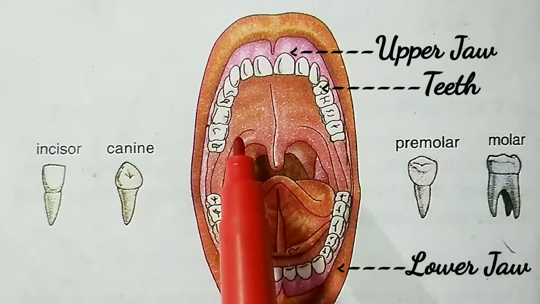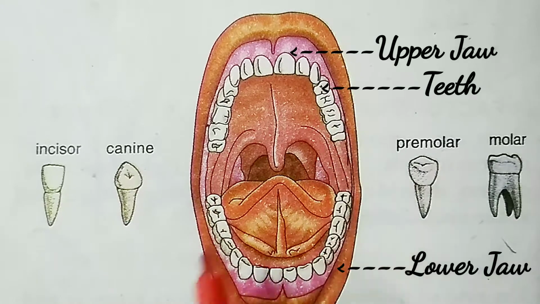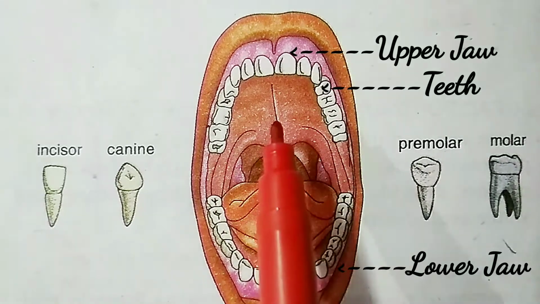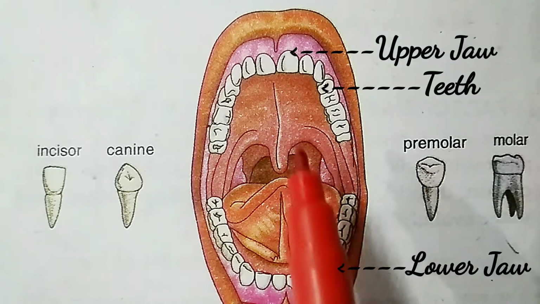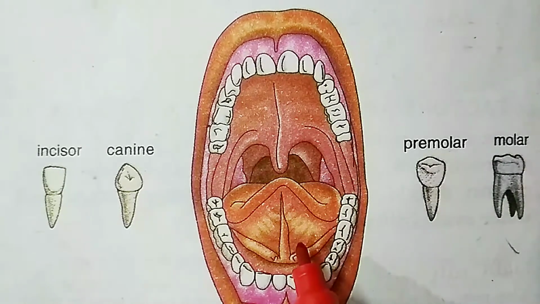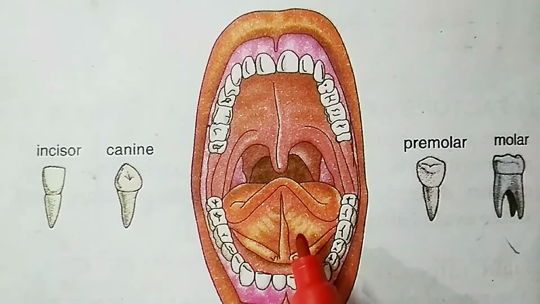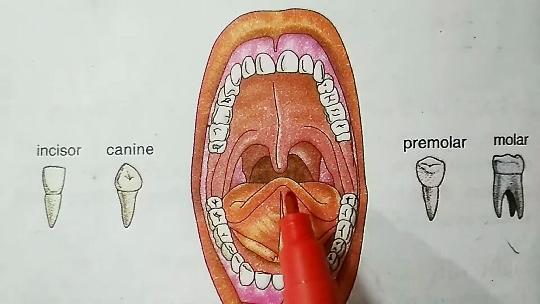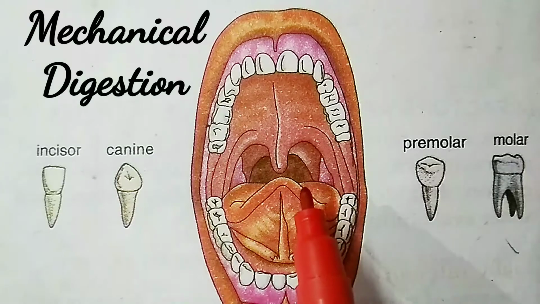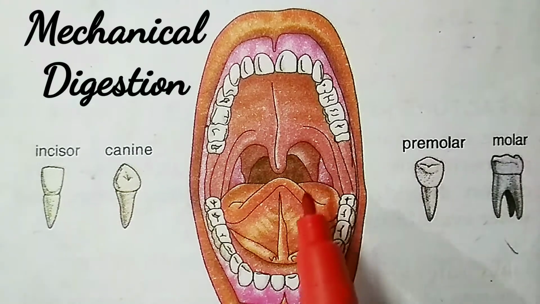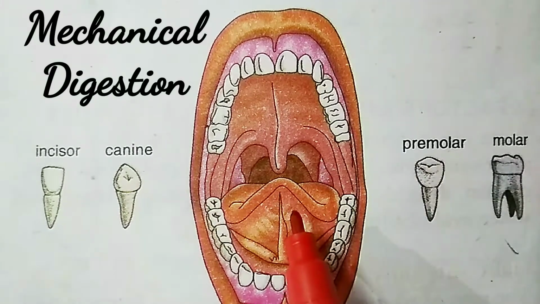In human beings, there are two jaws. This is the upper jaw, this is the lower jaw. Upper one is not movable, but the lower jaw is movable. Both jaws bear teeth, which are used to chew food into smaller pieces. And this process of breaking food into smaller pieces with the help of teeth is called mechanical digestion. In human beings, there are 32 teeth in the two jaws.